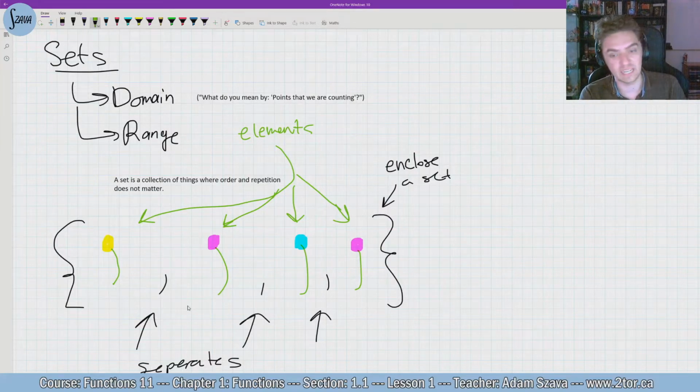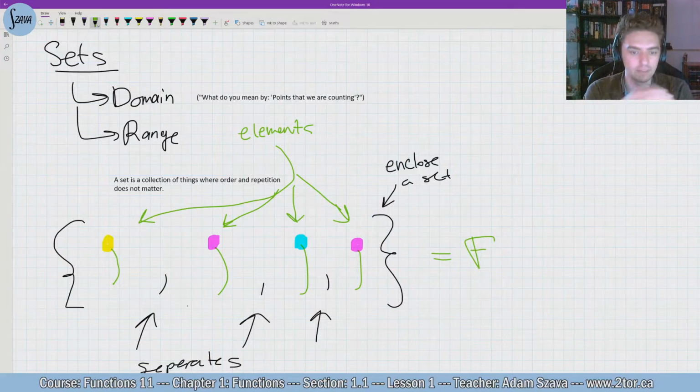Usually we also give sets names, so I'm going to call this F for flowers. That's a set F. So the yellow flower is an element of F, the pink flower is an element of F, the blue flower is an element of F. Hopefully all these words make sense to you. Sets are just collections of things, in particular where order and repetition don't matter.